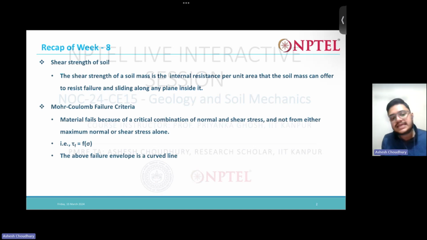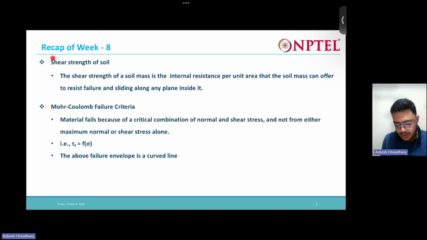So what is shear strength of soil? What do we understand by shear strength of soil? The shear strength of a soil mass is the internal resistance per unit area that the soil mass can offer to resist failure and sliding along any failure plane inside it.